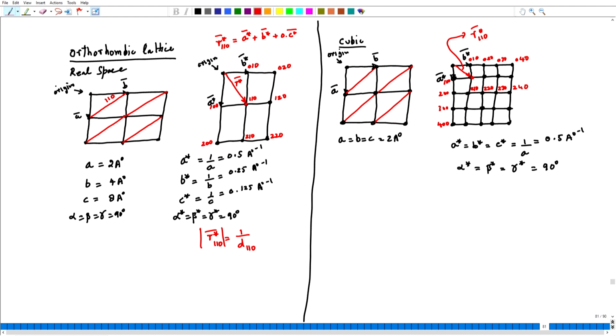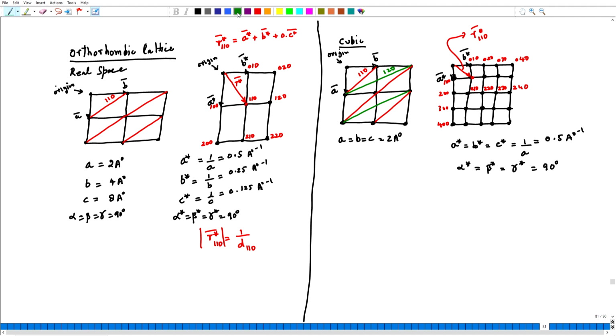Consider another set of planes. Let us say 1 2 0, and this was 1 1 0.